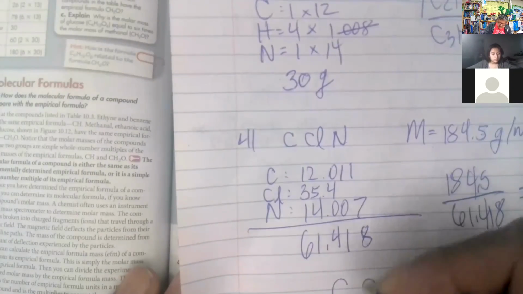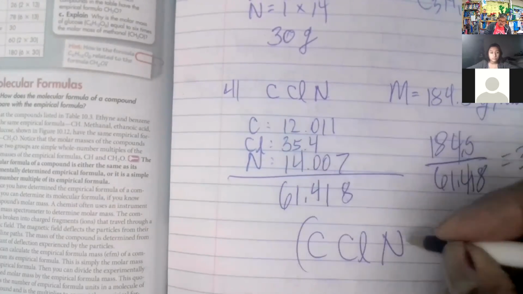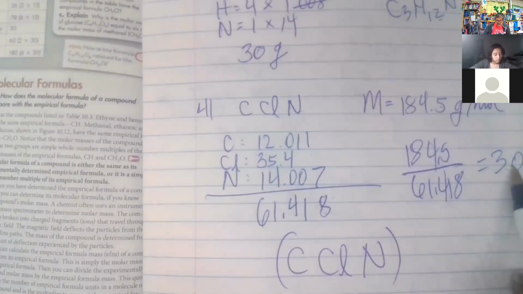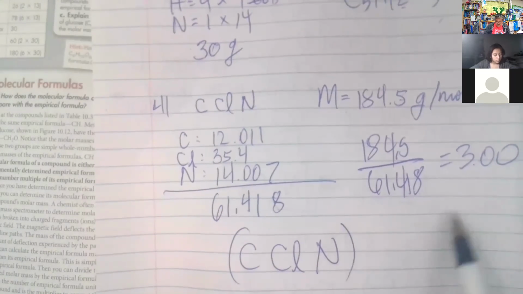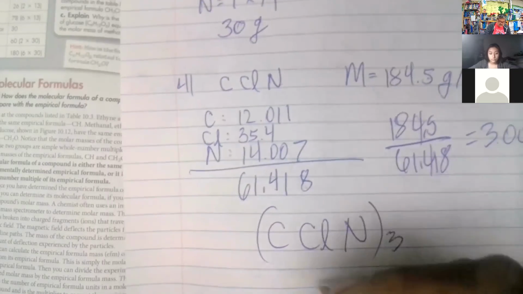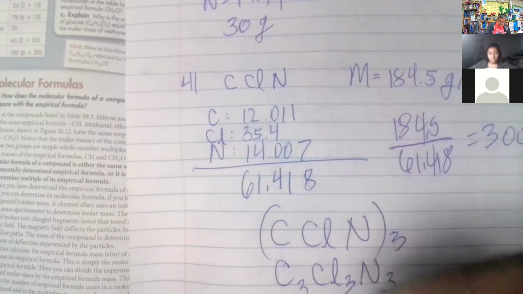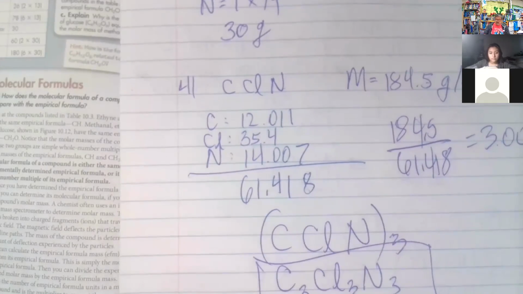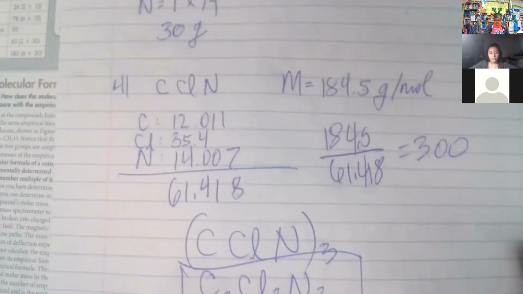And so our empirical formula is CCl, and to get to 184.5, I'm going to multiply this formula times 3. So everything within here times 3, so C3, Cl3, and N3. That's my answer. I'm sticking to it. That's number 41.